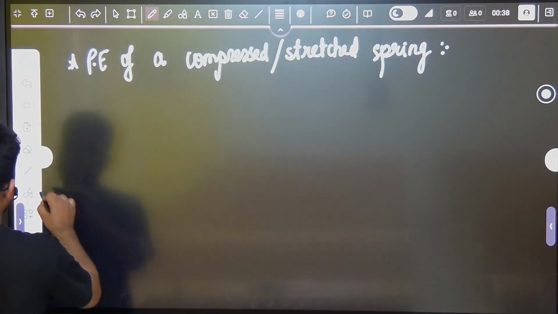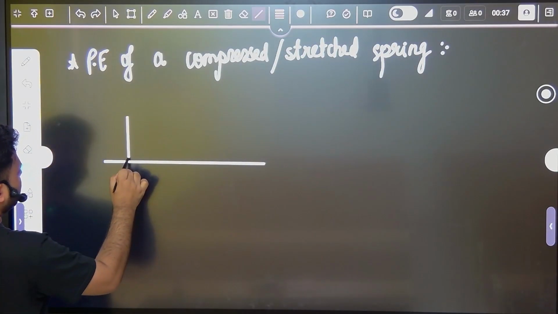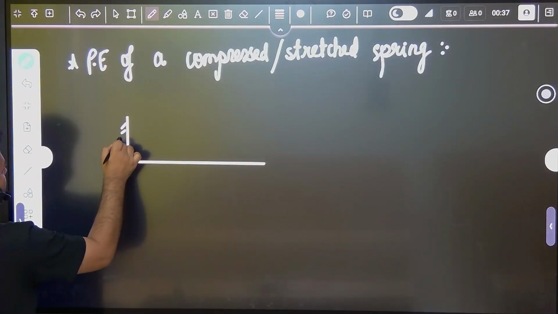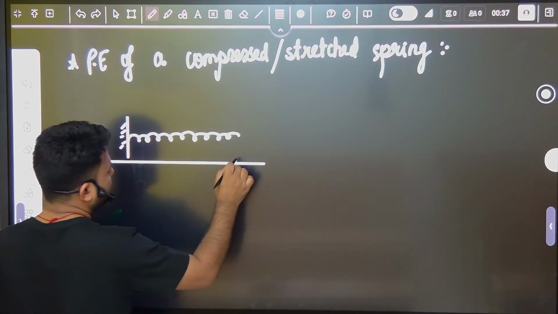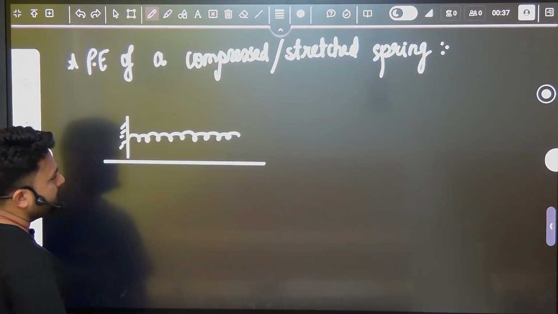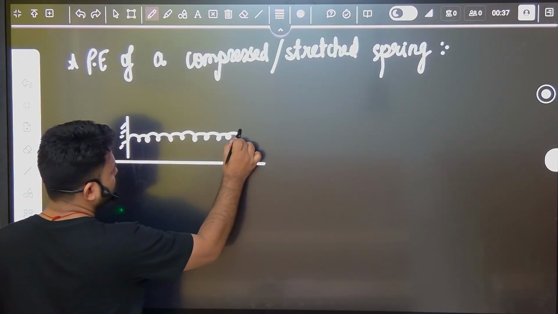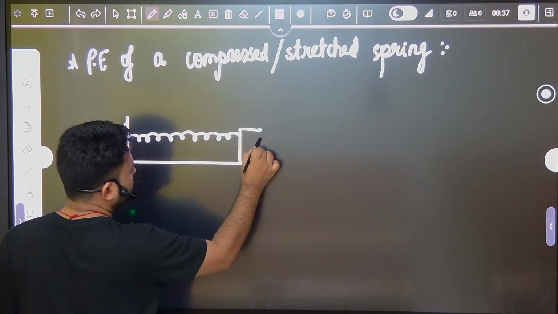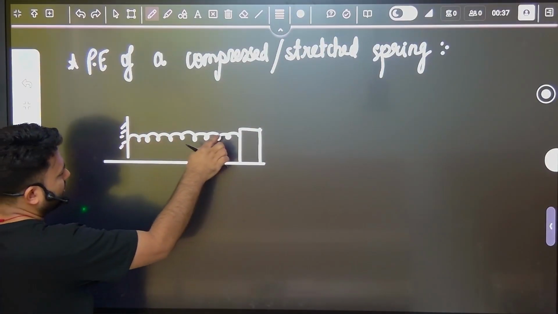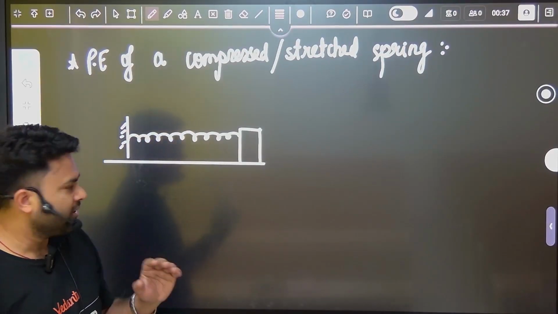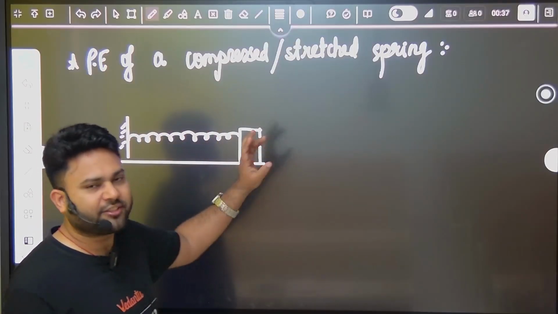Just remember that suppose this was the natural length of the spring and we compressed it. Suppose there was one block attached to it, we applied some force and we compressed this. This is called the natural length of the spring. Right now we have not disturbed the spring.